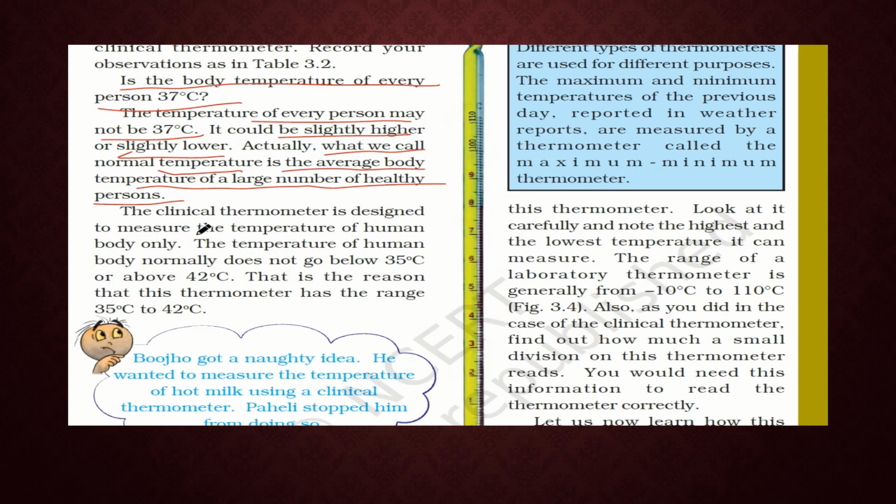The clinical thermometer is designed to measure the temperature of the human body only. The temperature of the human body normally does not go below 35 and does not go above 42 degrees centigrade. That is the reason why the range of the thermometer is kept from 35 to 42 degrees centigrade.